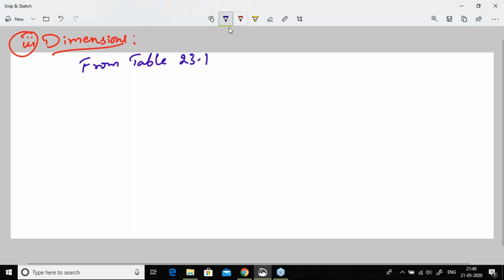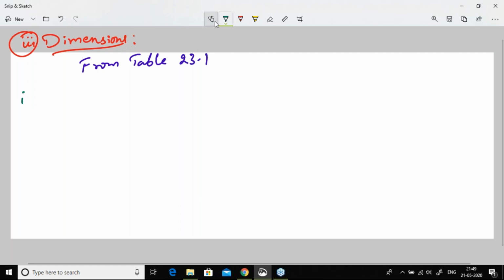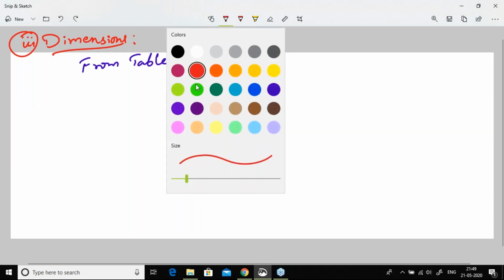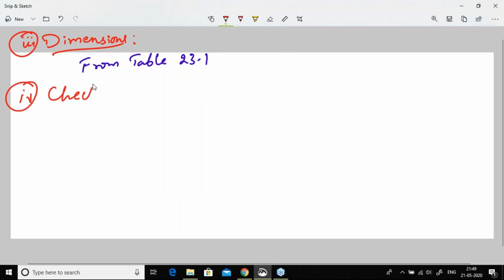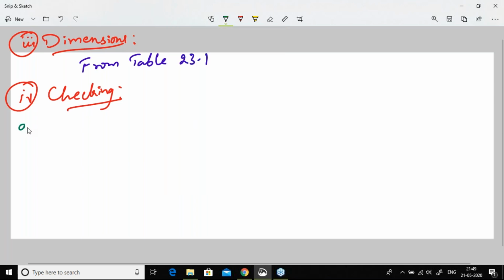And moving to the last step, that is the fourth one, checking. In this one also we have three sub-steps. The first one is check for dynamic load.